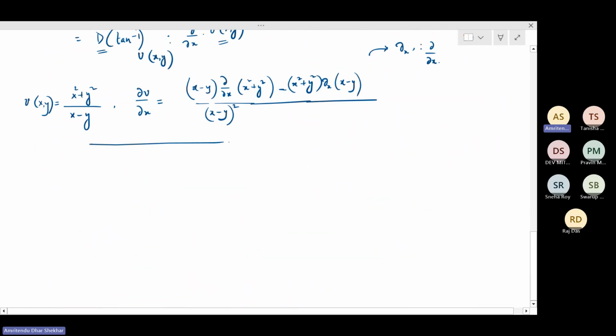Just like in the one-dimensional case from high school mathematics, if you have a function like tan of sine of x and I ask you to take its derivative, you would think, first I'm going to take the derivative of tan, and then the derivative of sine. This is also a composition: x first goes to sine of x, and then sine of x goes to tan of sine of x.